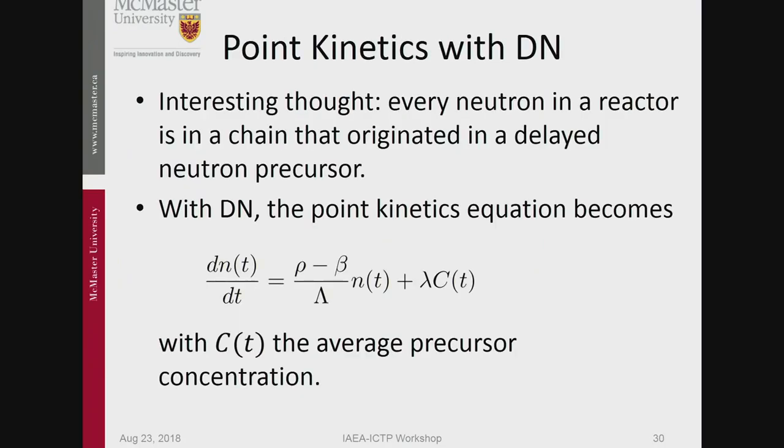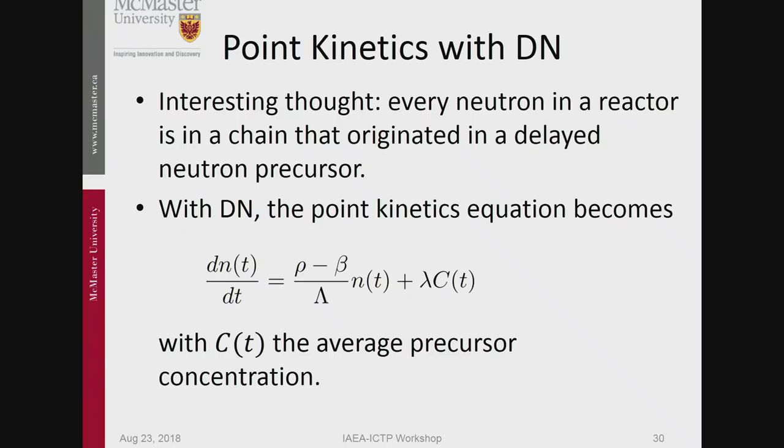So now we get the point kinetics with delayed neutrons, and the thing that changes is that this equation becomes like that now. So earlier we had only dn dt is rho over lambda times n. Now the rho is rho minus beta, so we can afford to have a slightly, even a slightly positive rho will lead us to a stable situation.